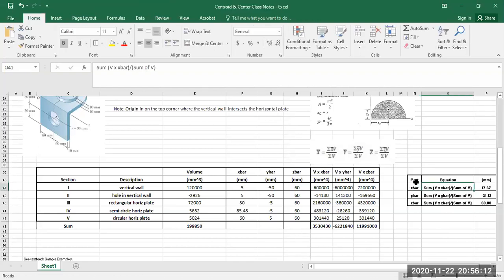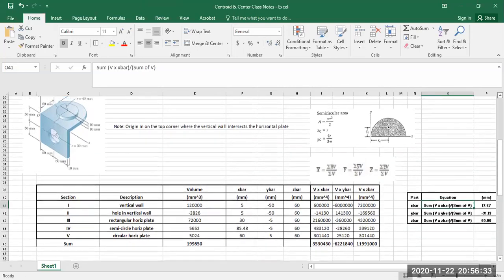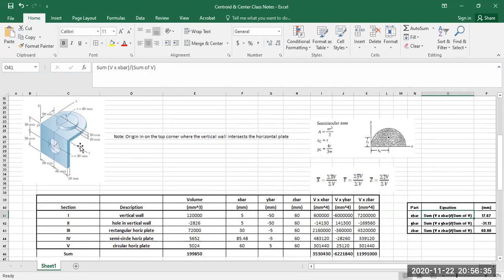So for this whole part here, X bar is the sum of the V times the x bars divided by the total V, and comes out to be 17.67 millimeters. The Y bar is negative 31 and the Z bar is 60. So let's take a look at, does that make sense to us? Well, we already mentioned that in the Z axis, the center of this whole thing is at 60, and it turns out to be 60.